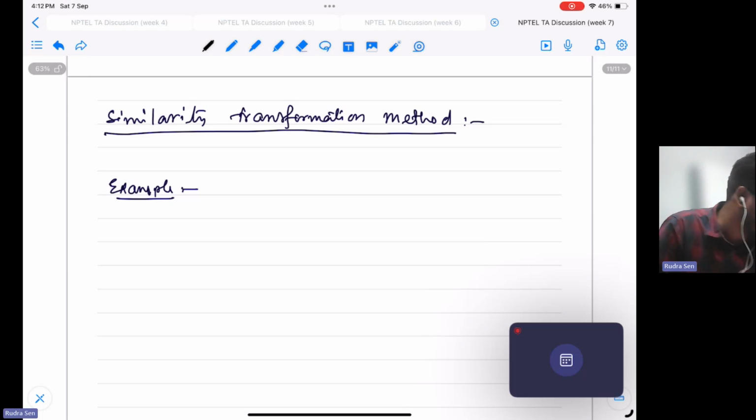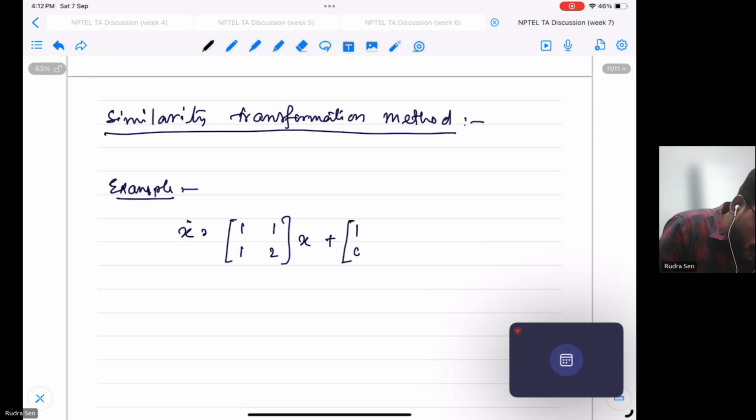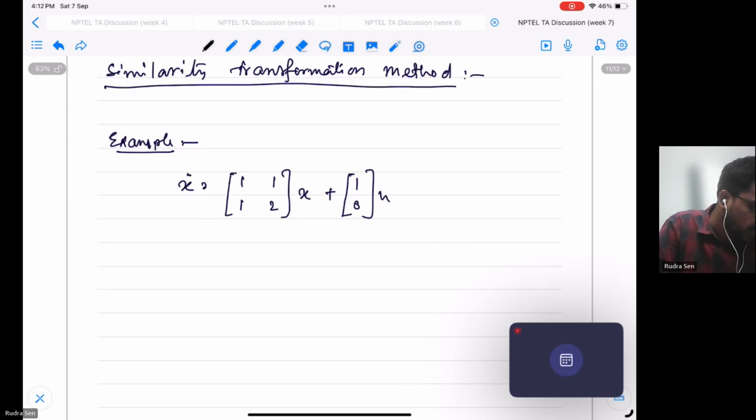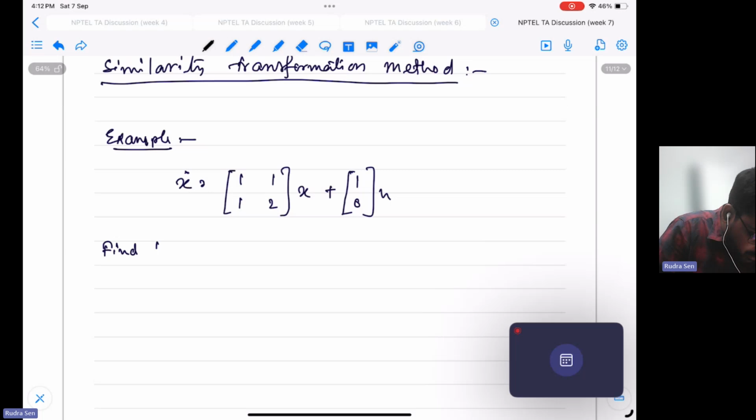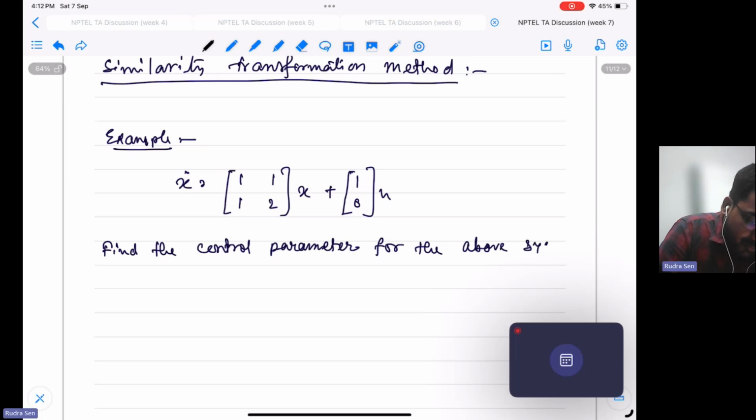So the system is x dot equals [1 1; 1 2] x plus [1; 0] u. Find the control parameters for the above system.